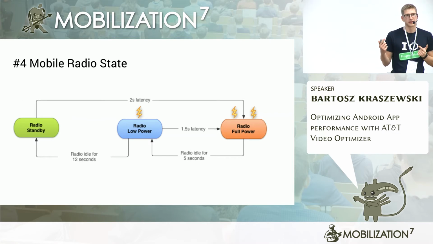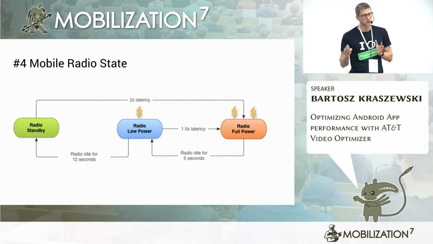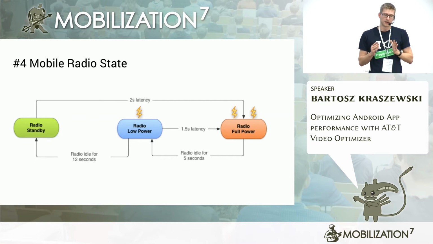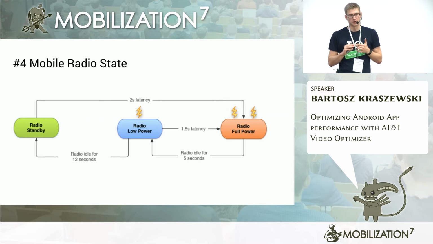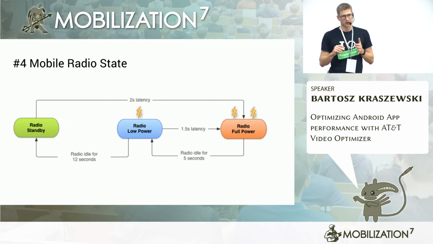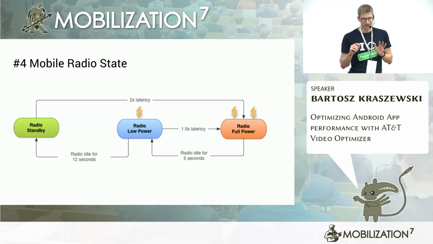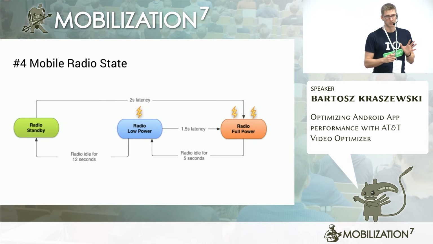It stays in this state while downloading data, but after 5 seconds of idle, it switches to the semi-state that's in between. In this moment, some energy is consumed. It's ready to come back to the high-performance state again, but basically waits. And then, if it's no longer needed, it comes back to the idle mode.